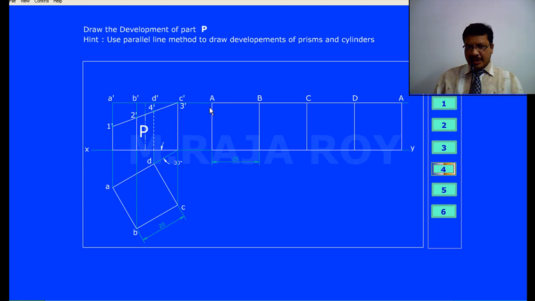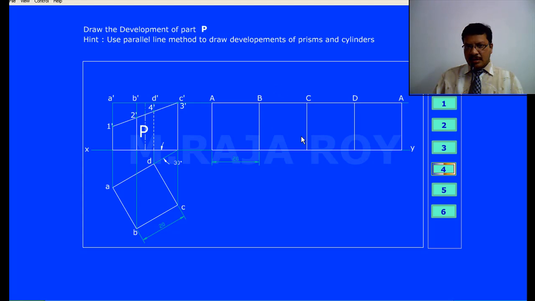All these 4 sides you mark along these parallel lines. Somewhere here I am starting. From here this distance is some 20. With 20 distance I have marked the second point B dash, next C, next D, next A. Something like that I am marking all the 4 faces of the cube. So if I bend all these 4 faces, I will get the lateral surface of the cube. Lateral surface means the part of the solid omitting the bases.